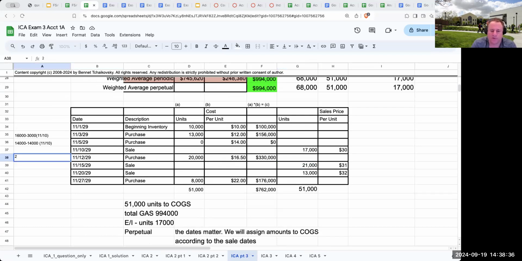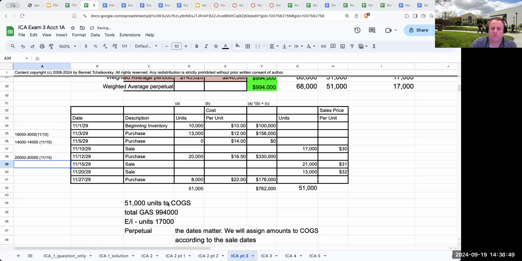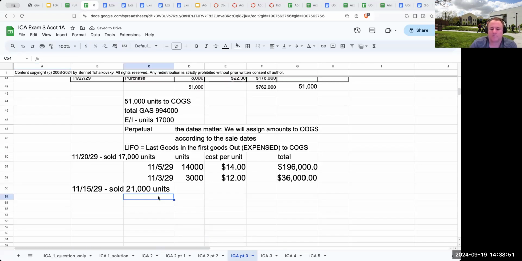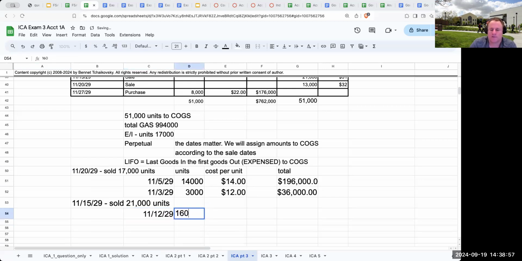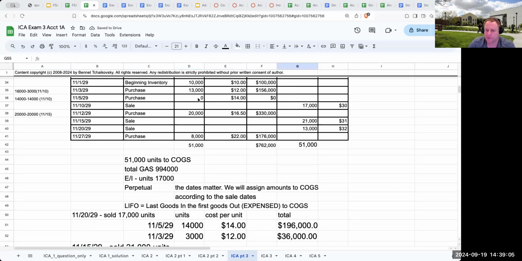I'm going to go first to 11/12. This was 20,000 units at $16.50 per unit for a total of $330,000.